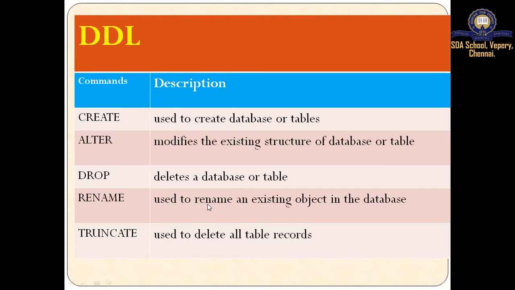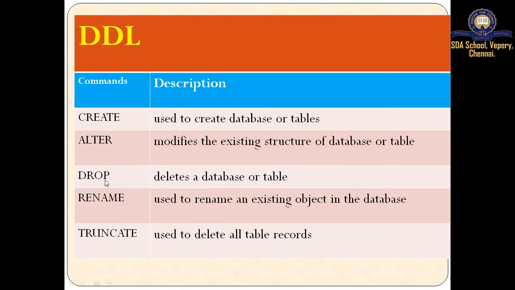Rename is used to rename an existing object in the database. It can be a table or a database. Rename means to change the name. Truncate is used to delete all table records. There is a big difference between drop and truncate. Truncate will delete only the table records, whereas drop will delete the records as well as the structure of the table.